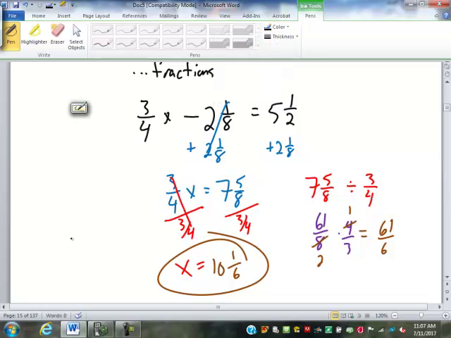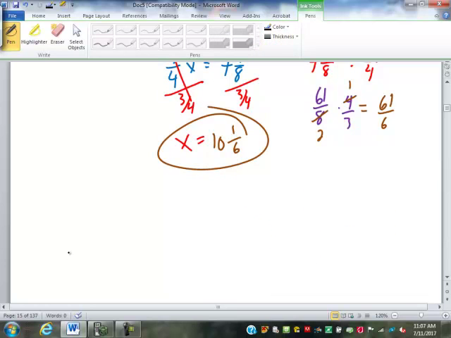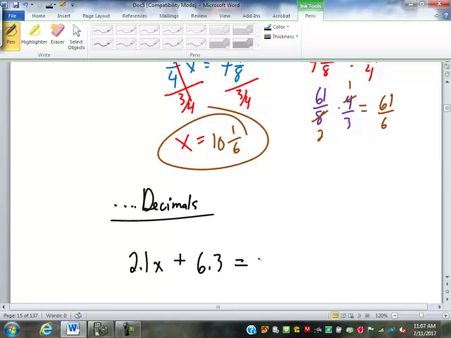You'll also need to be able to solve equations with decimals. Things like 2.1x plus 6.3 equals what's that? 8.4.